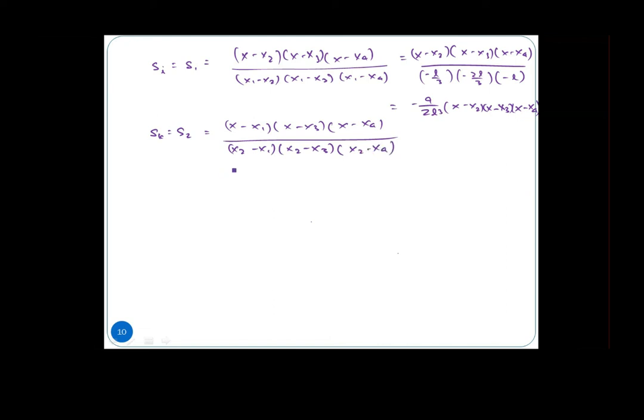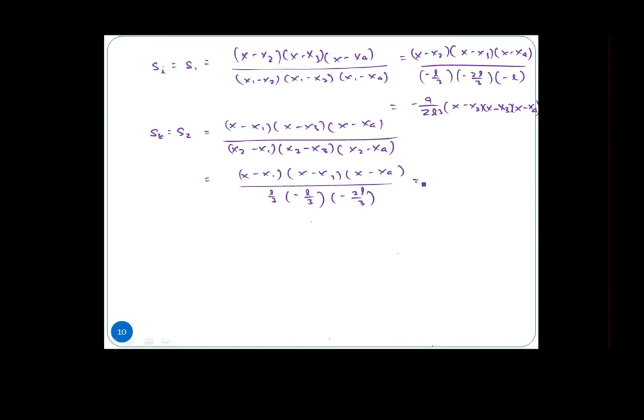So x2 minus x1 is L over 3, x2 minus x3 is negative L over 3, and x2 minus x4 is negative 2L over 3.